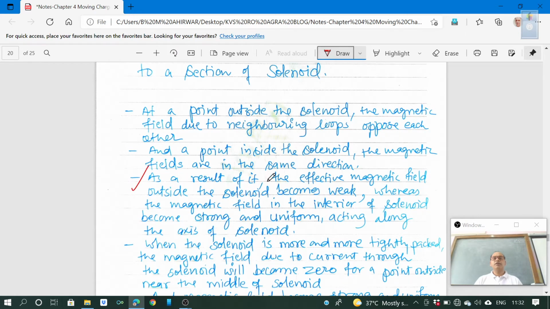As a result, the effective magnetic field outside cancels out, or we can say becomes weak, but the magnetic field inside the solenoid becomes strong. Why? And it is also uniform, because it is acting along the axis of the solenoid, in the same direction.